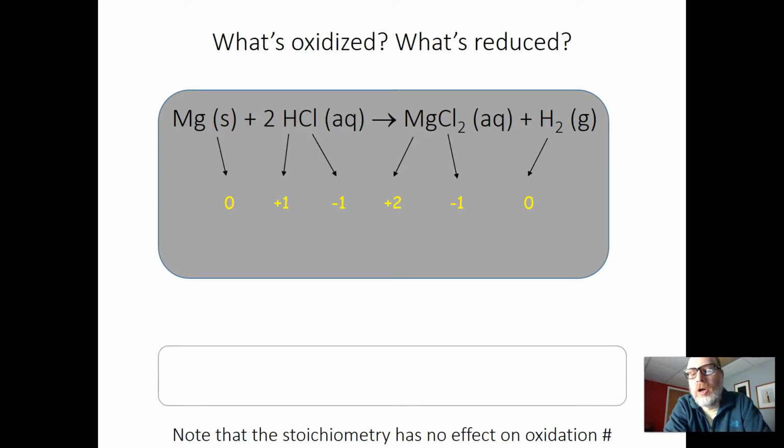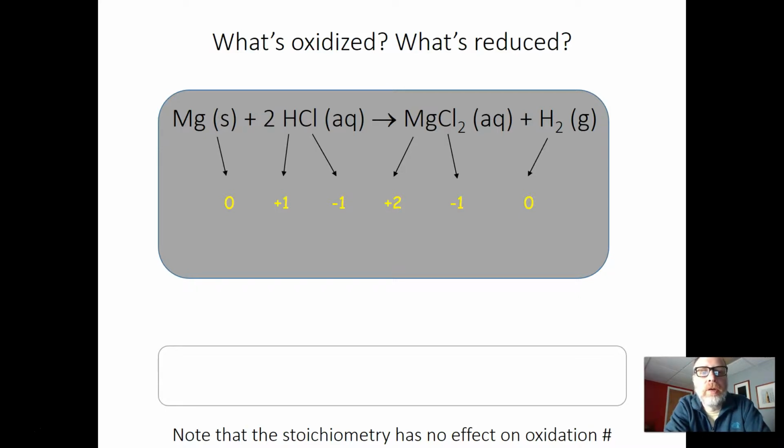If you know what the charge of the ions would be, you know what their oxidation number would be. Magnesium's a +2 ion in magnesium chloride, so it's going to have an oxidation number of +2. Chloride ion has a charge of -1, so it's going to have an oxidation number of -1. And then hydrogen is in its elemental state there on the far right. So we've gotten all of the oxidation numbers assigned.